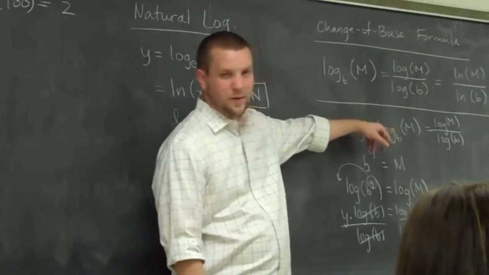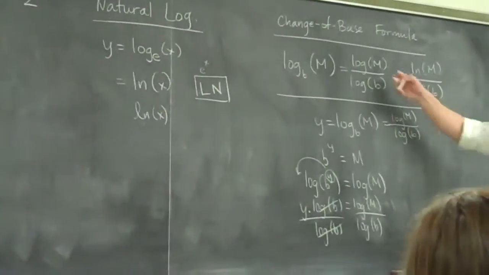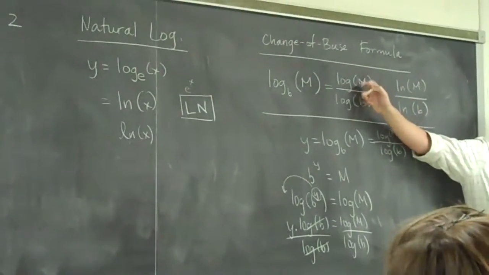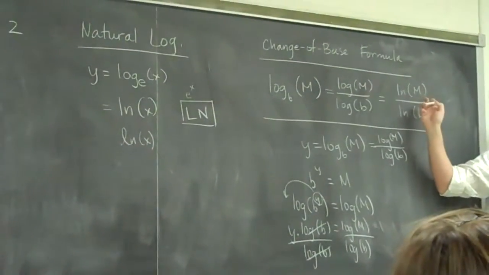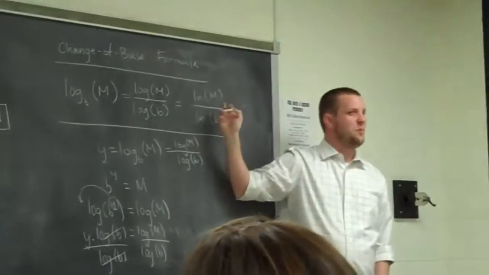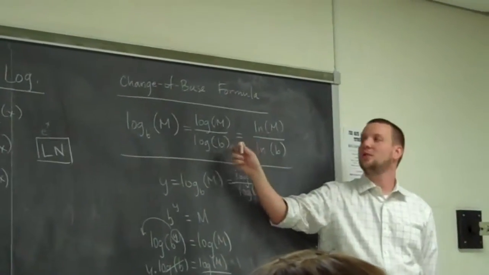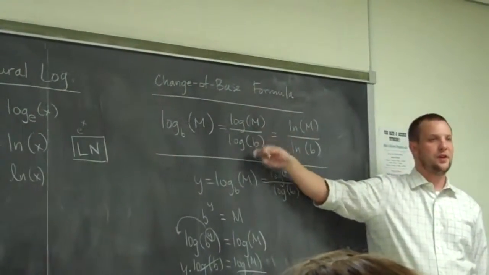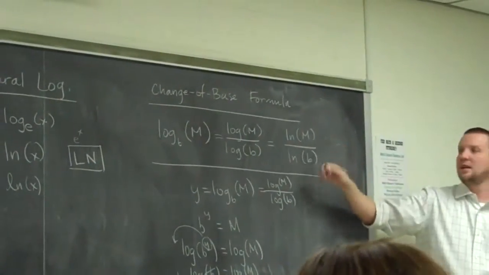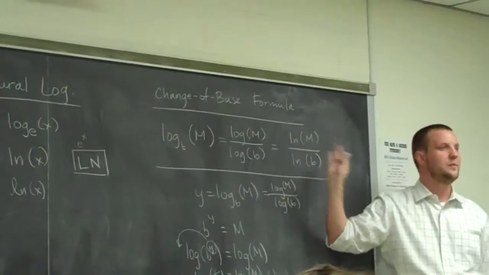Now, I want to make sure we read this carefully. With an equal sign here, is this saying that the common log is the same thing as the natural log? You might think that, and I could understand why. What this is saying is the ratio of the common logs here is the same as the ratio of the natural logs here. But the common log by itself is different than the natural log. Those are different functions, different bases.